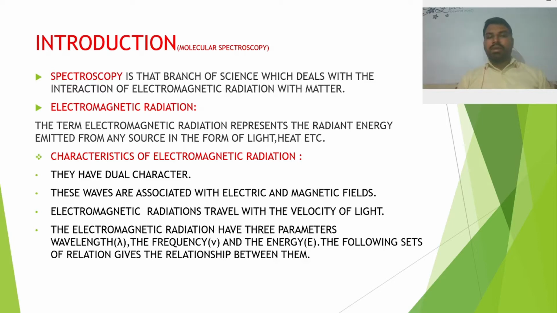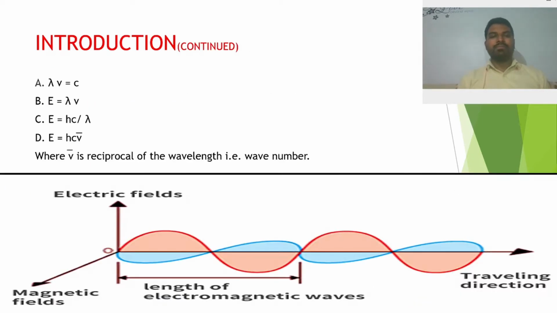Wavelength is denoted by lambda, frequency by nu, and energy by E. The following relations give the relationship between them: lambda times nu is equal to c, E is equal to h nu, E is equal to hc upon lambda, and E is equal to hc times nu bar, where nu bar is the reciprocal of wavelength, that is, the wave number.